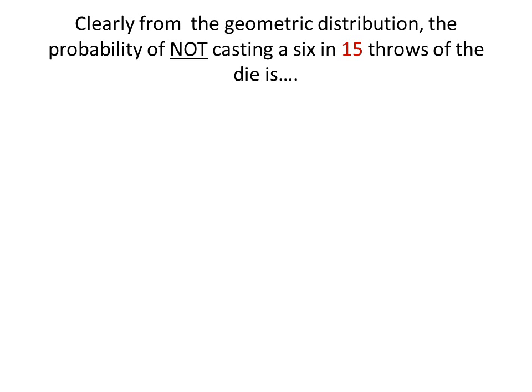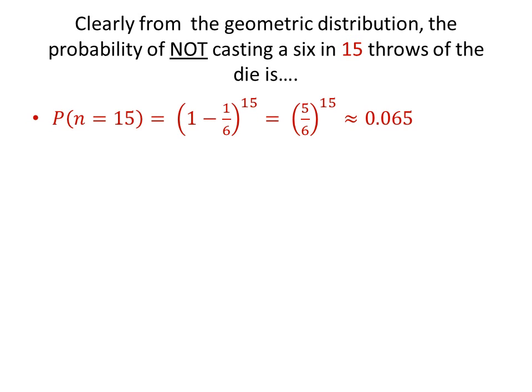Clearly from the geometric distribution, the probability of not casting a 6 in 15 throws of the die, P of n equals 15, is the probability of failure to the 15th power, which is approximately 6.5%.